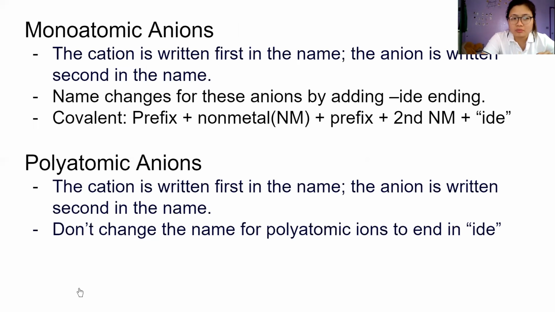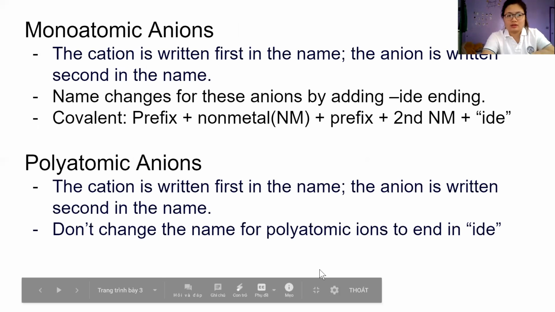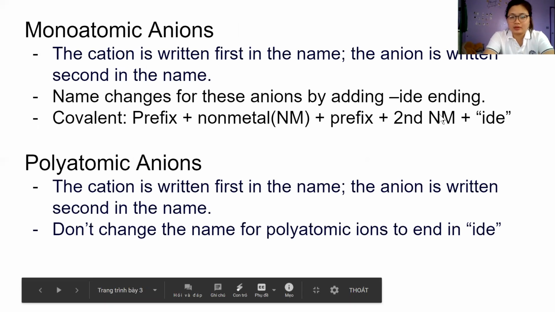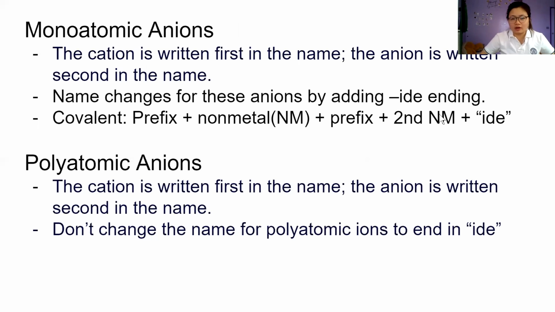And then for the monoatomic anion, the cation is always written first in the name, and then the anion is written second. The name changes for these anions by adding IDE at the end.